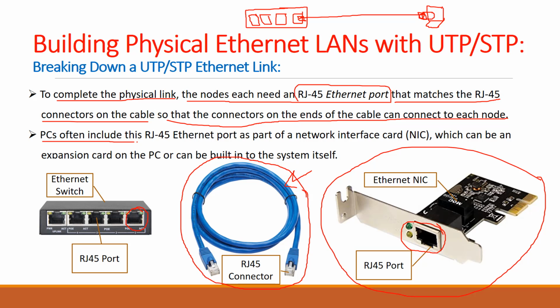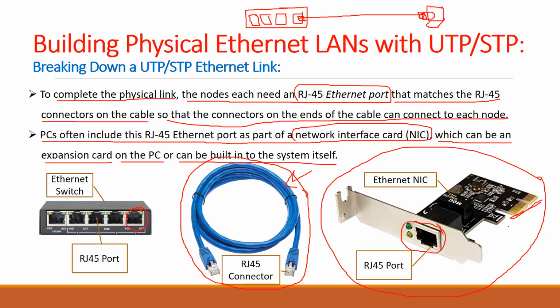PCs often include this RJ45 Ethernet port as part of a network interface card, which can be an expansion card on the PC, or it can be built into the system itself. Sometimes you purchase a PC with a built-in network interface card or an expansion card like this one. This is an expansion card.